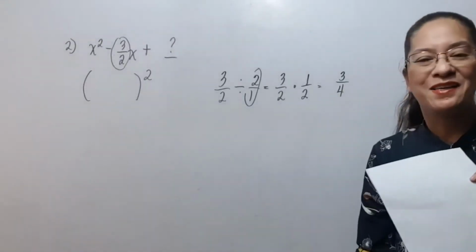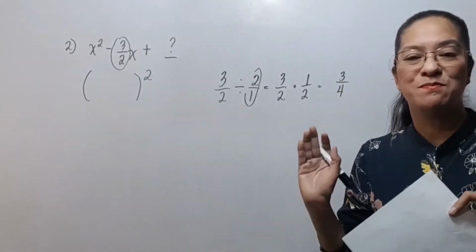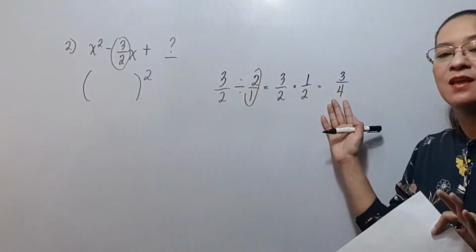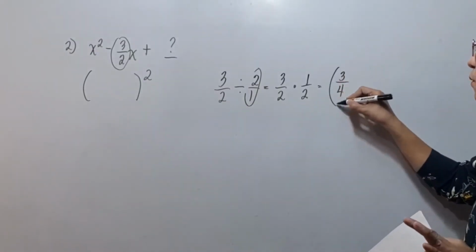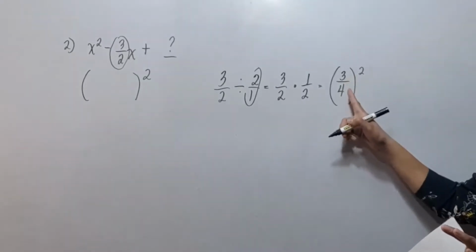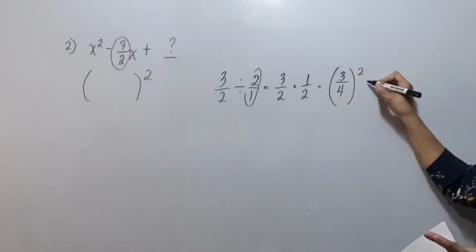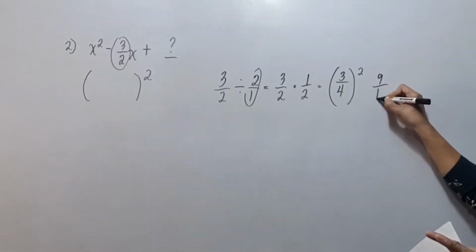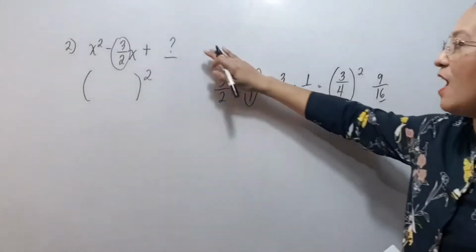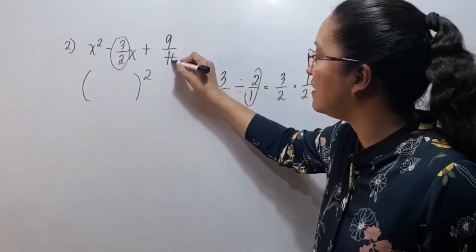Okay, now, after dividing the coefficient of the second term by 2, we are going to square the quotient. No? So, 3 over 4 quantity squared is 9 over 16. Okay, so we have to add here 9 over 16.